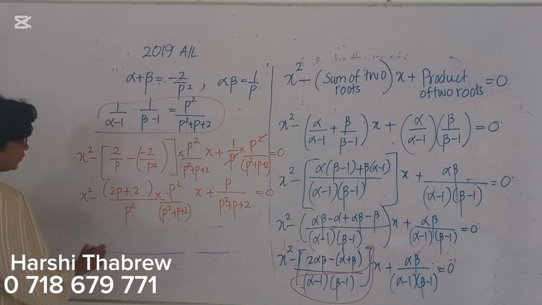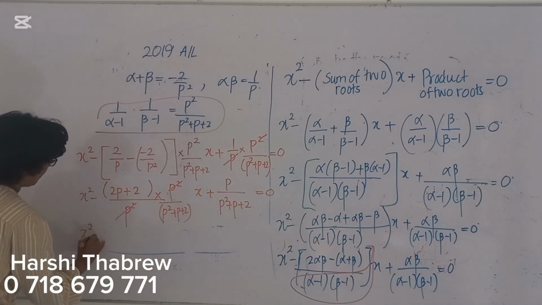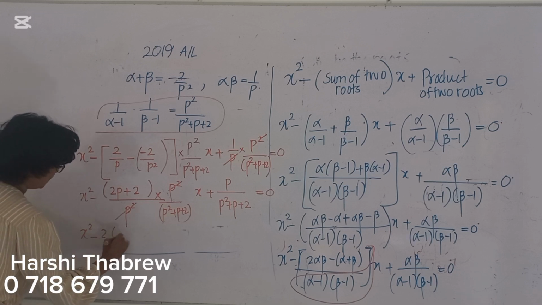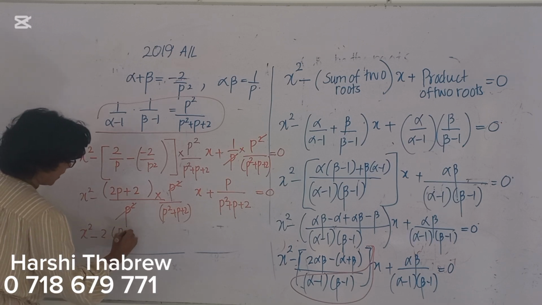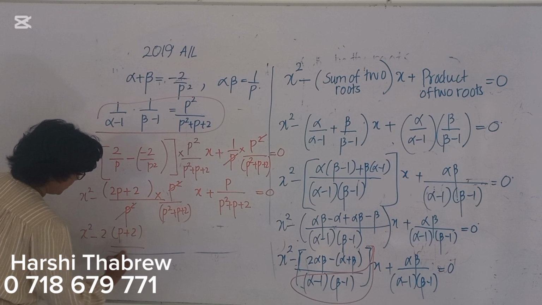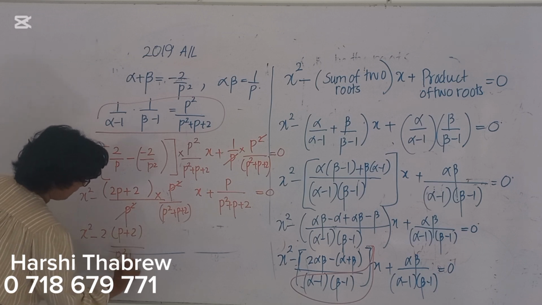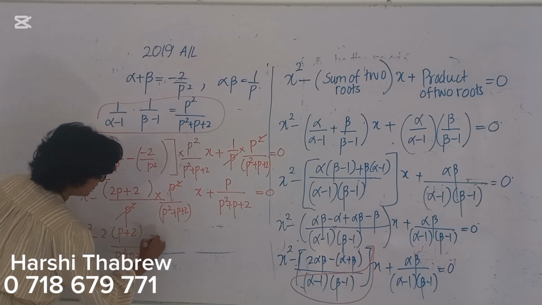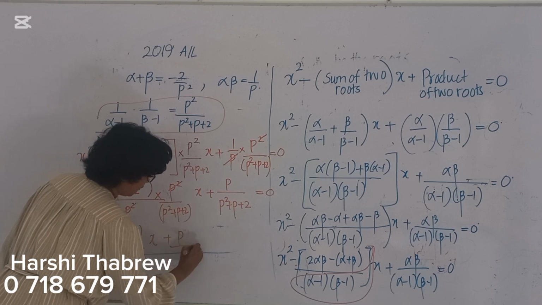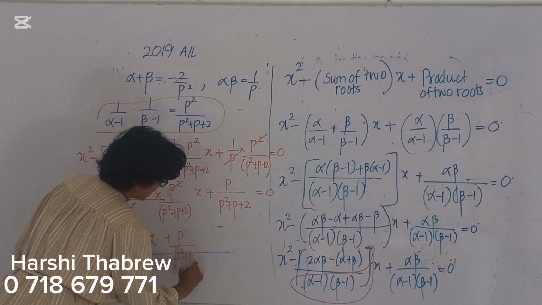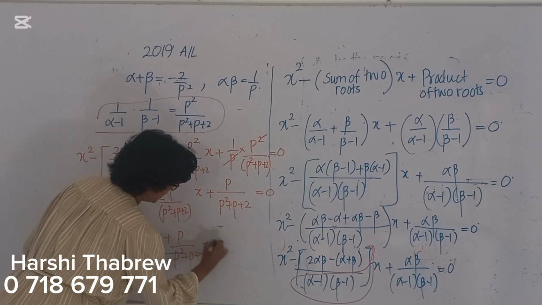So simplify it. Now you have x squared minus 2 times p plus 2 over p squared plus p plus 2 times x plus p over p squared plus p plus 2 equals 0.